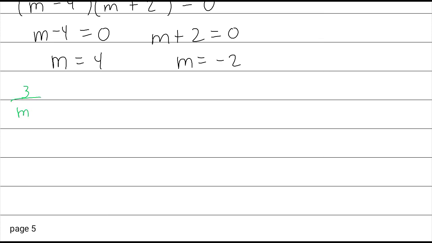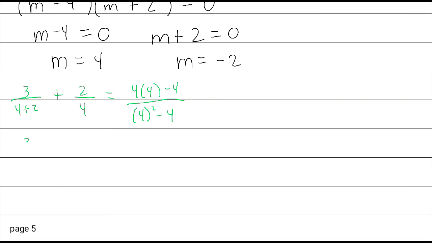Let me go ahead and plug in a 4. So 3 over 4 plus 2, plus 2 over 4, equals 4 times 4 minus 4 over 4 squared minus 4.